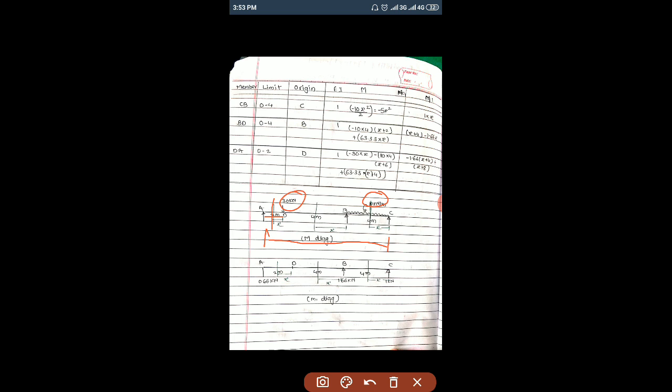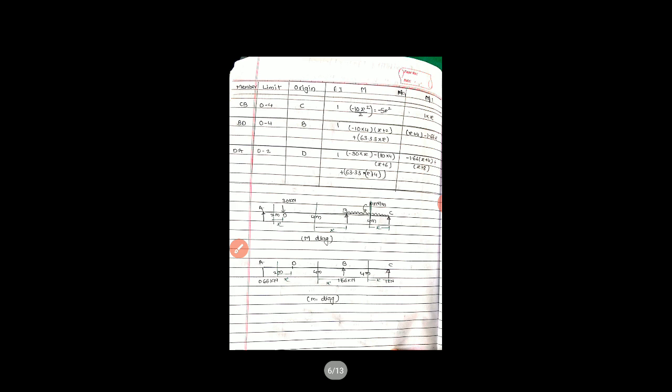Now the distance, here the span is 4 plus 4, it is 8. Sorry, I made a mistake over here, it is 8, it is not 6. And plus x, x is the distance from D to the cut section.